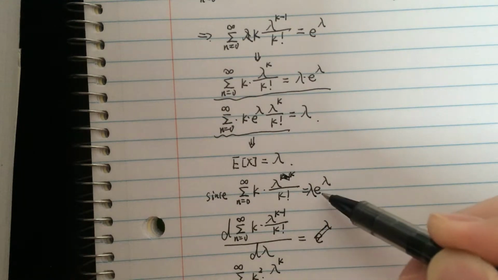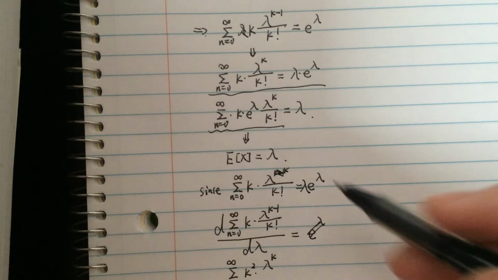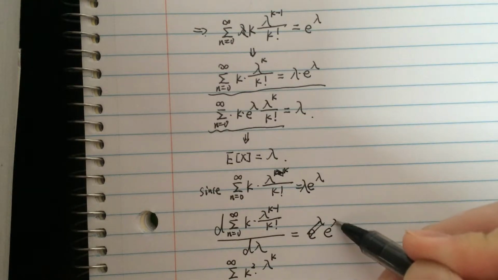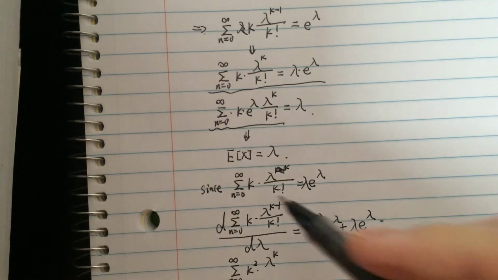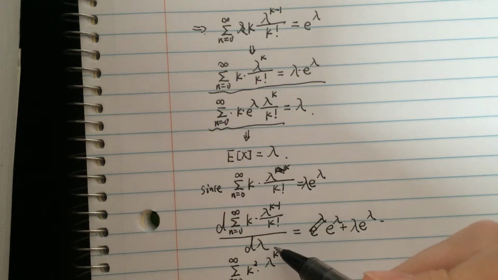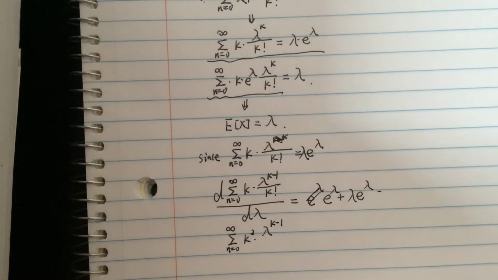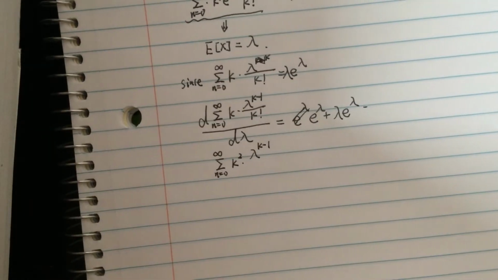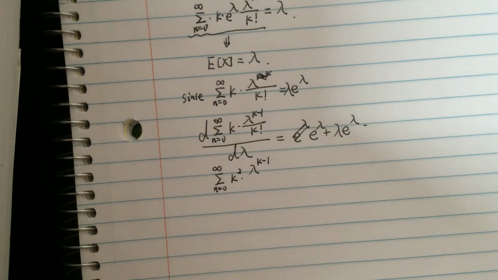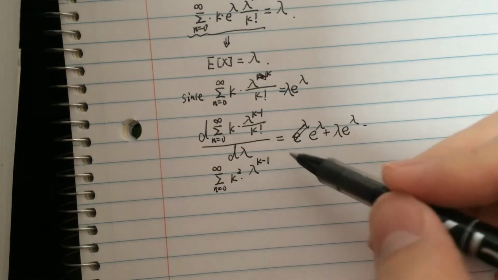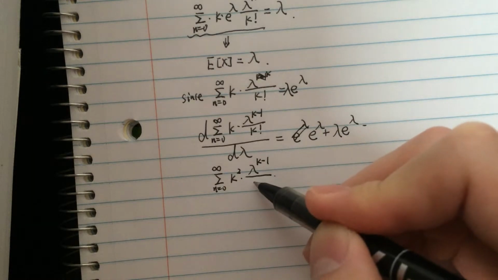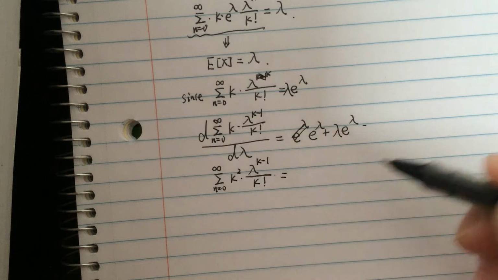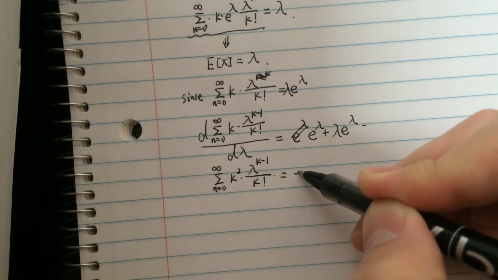And so this one, after differentiation with respect to lambda, will equal e to the lambda plus lambda times e to the lambda, and this one will become the sum of k squared times lambda to the k minus 1 over k factorial will equal this one.